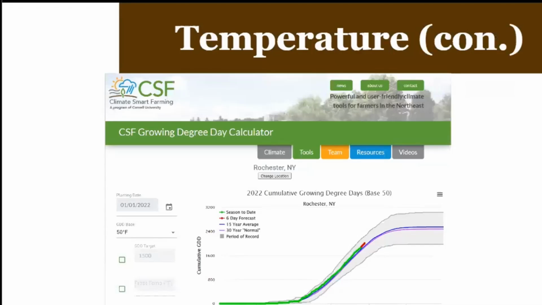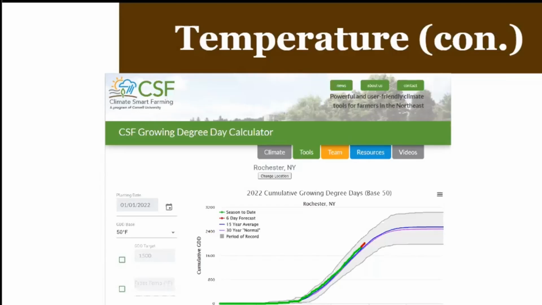Another thing that you can use for temperature, in addition to that hardiness zone map, which is based on averages over a long period of time, is growing degree days. This is something that I wish people used more, and I wish there were more resources for it, because I want to use it more, but it's a little more difficult, thinking about each plant's requirements.